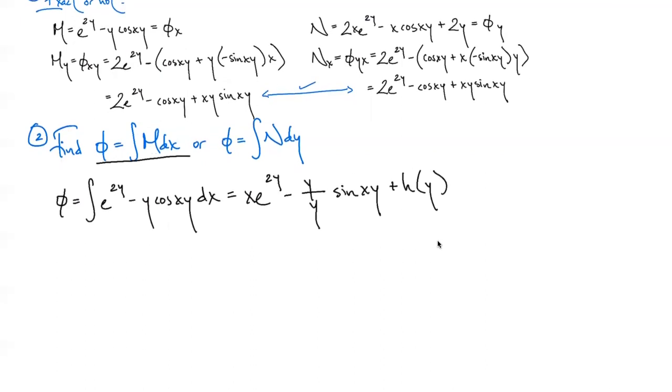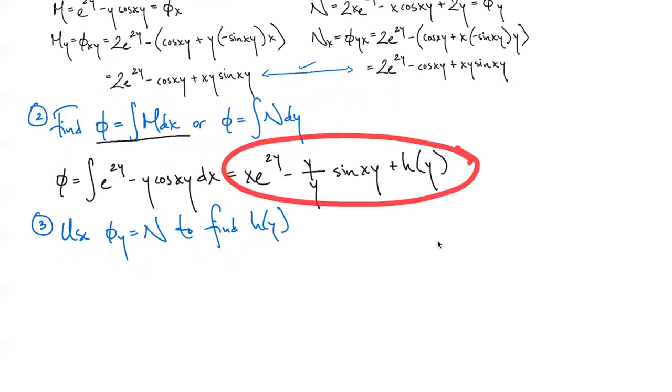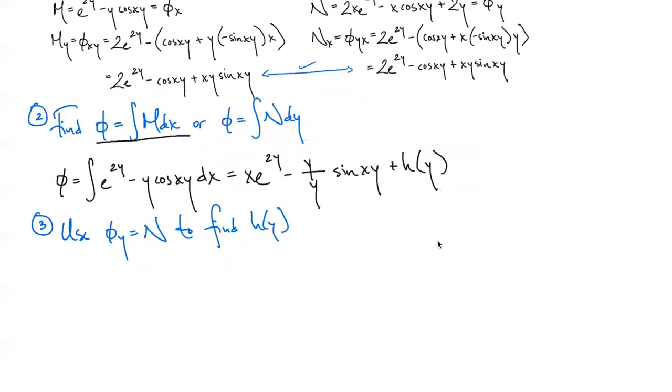Okay. So we found our phi, but now we need step 3 to help us find our h of y. We're going to use phi sub y equals N in order to find our h of y. So we're going to take this expression and take the partial derivative with respect to y.